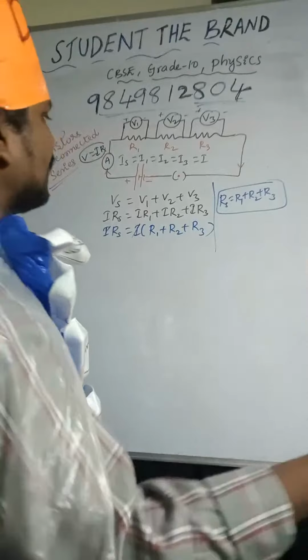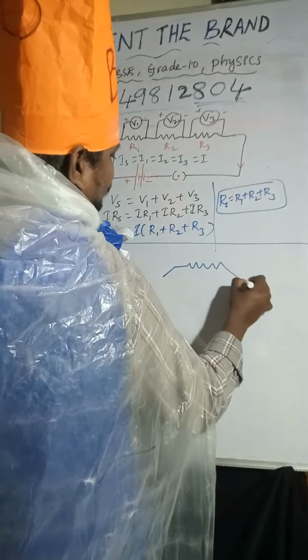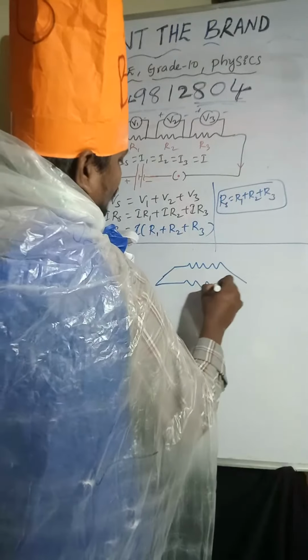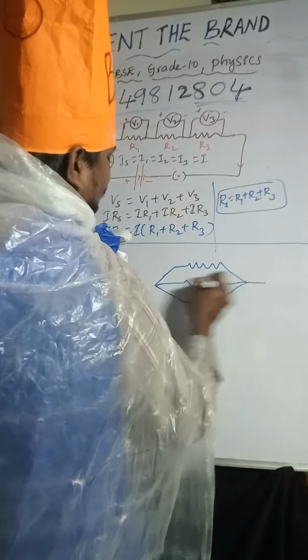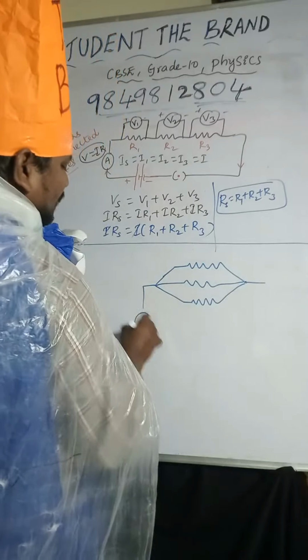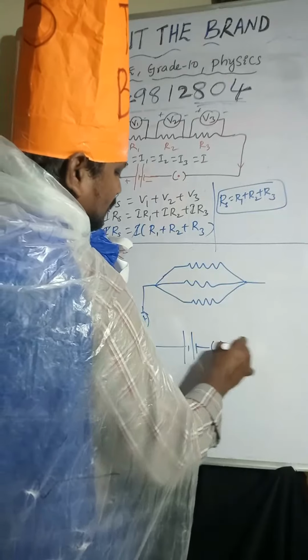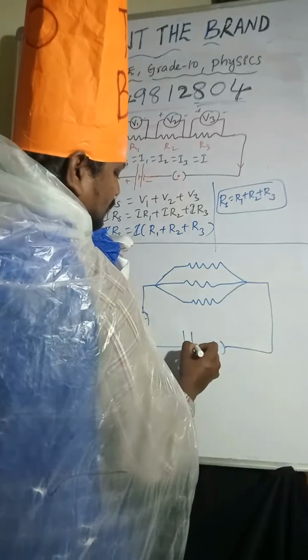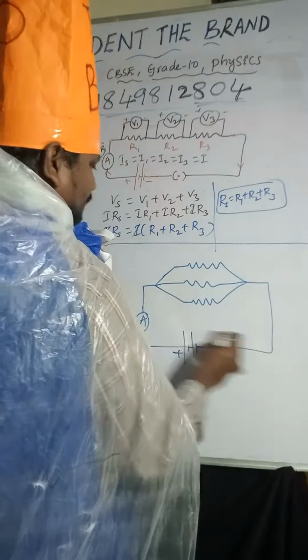If resistors are connected in parallel combination, now you can observe here. I am connecting like this, with an ammeter here, and the battery with positive terminal and negative terminal, and current is flowing.